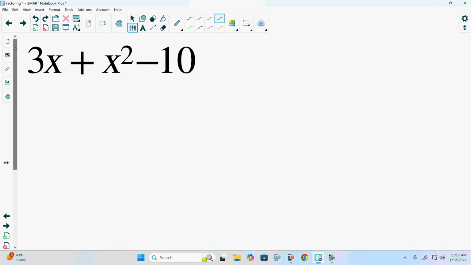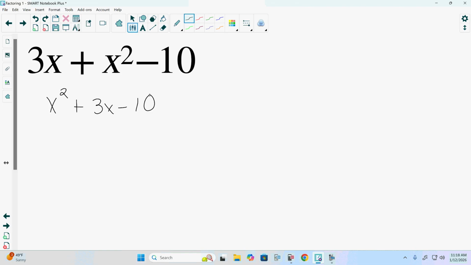3x plus x squared minus 10. Is there a greatest common factor between these three terms? What's different with this problem? It's not written in standard form. If they ever give you a problem or you come across a problem that's not in standard form, especially with factoring, get in standard form.